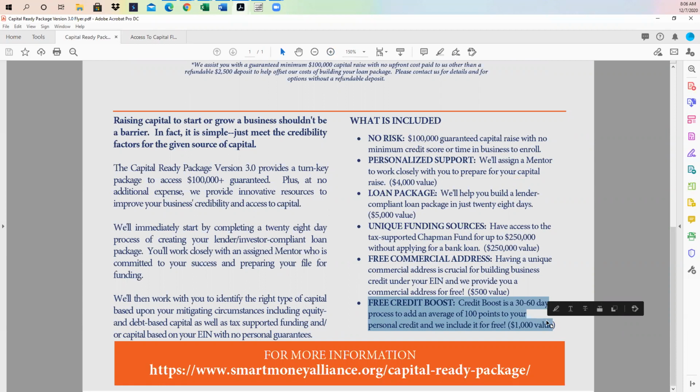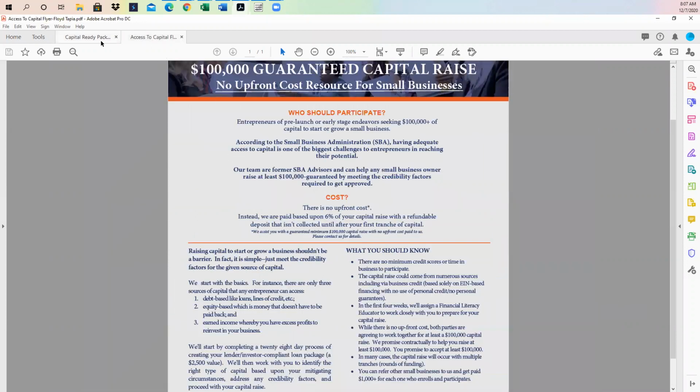So that's very attractive. And so instead of them paying $10 per point of credit score improvement, which of course is 50-50 shared with you, our joint venture incubator partners, it's included at no additional cost. So they're saving about $1,000 if they choose to enroll in the Capital Ready 3.0 rather than doing the Access to Capital and doing that a la carte later.